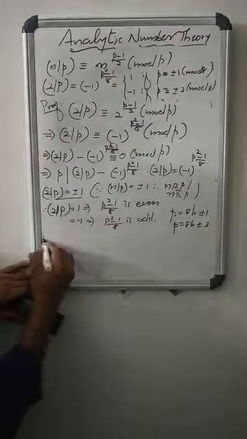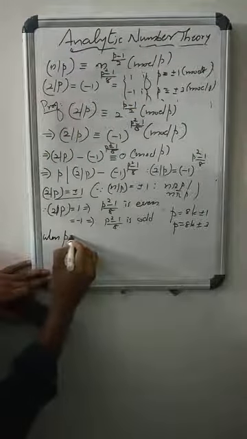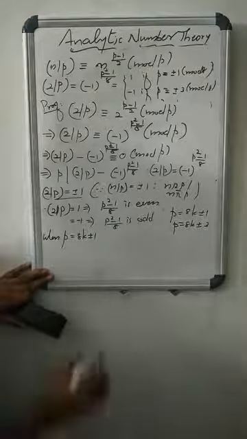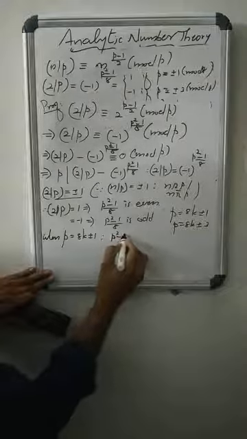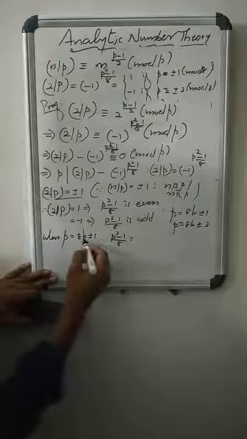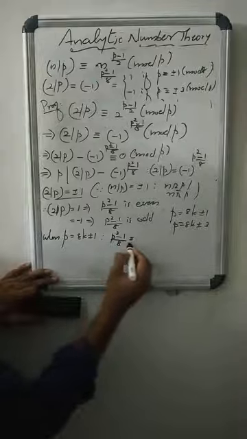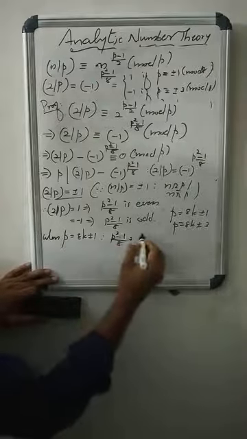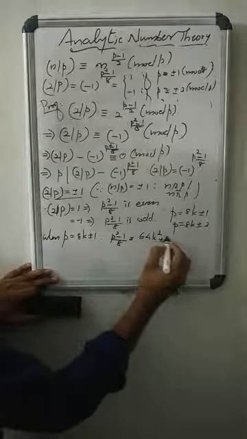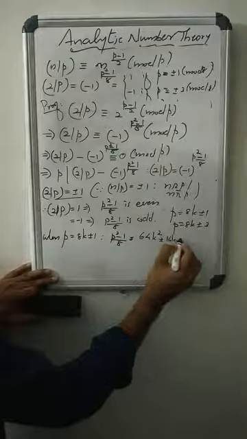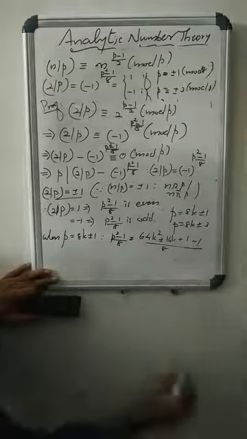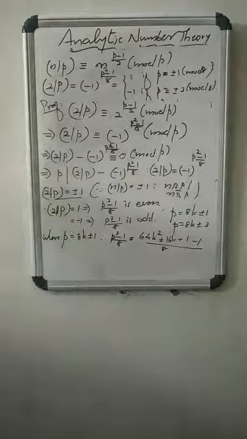Now, when p equals 8k plus or minus 1, what happens? Consider (p² - 1)/8. What is p²? It is (8k plus or minus 1) whole square, which means 64k² plus or minus 16k plus 1, minus 1, all divided by 8.